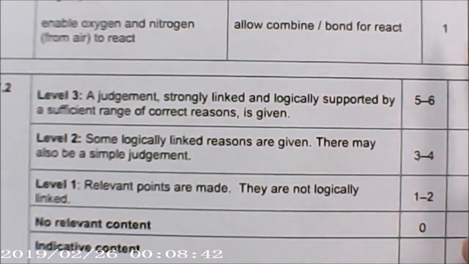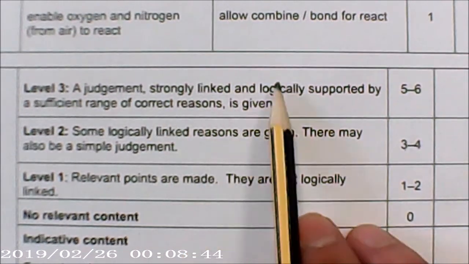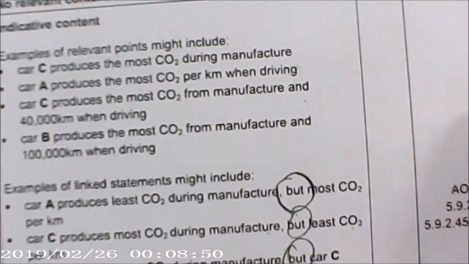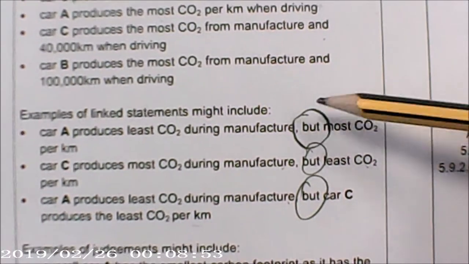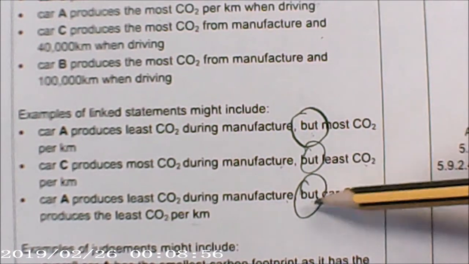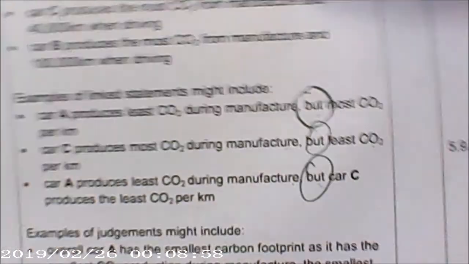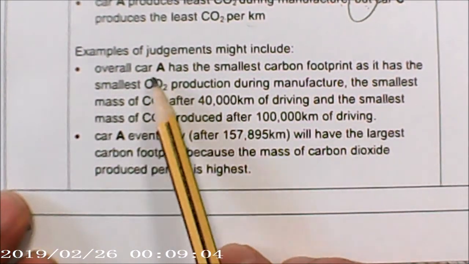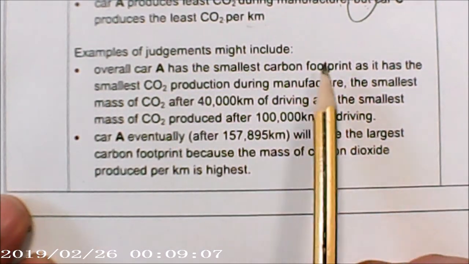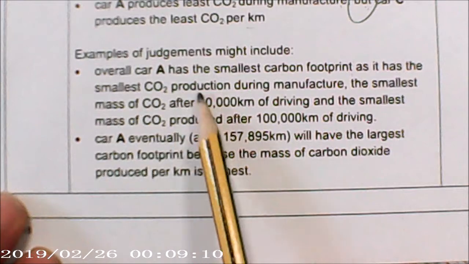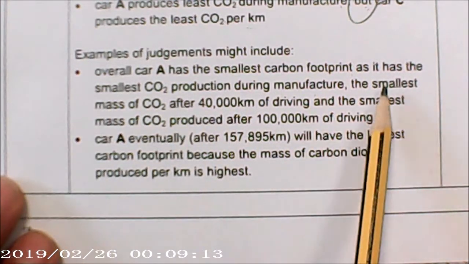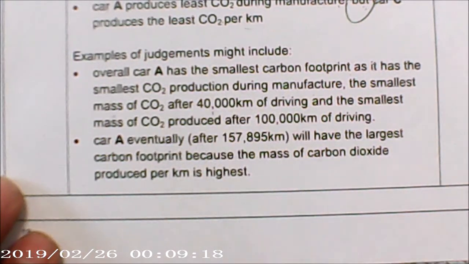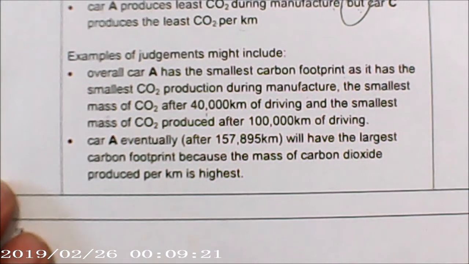And to get the top grade, we need to have linked statements and also said which one we think is best and why. So if you've got 2 or 3 of these, and you have said which one overall is best, such as overall car A has the smallest carbon footprint, as it has the smallest CO2 production in manufacture and the smallest mass of carbon dioxide after 40,000, then that is your judgment because you've said which one you think is best and why.